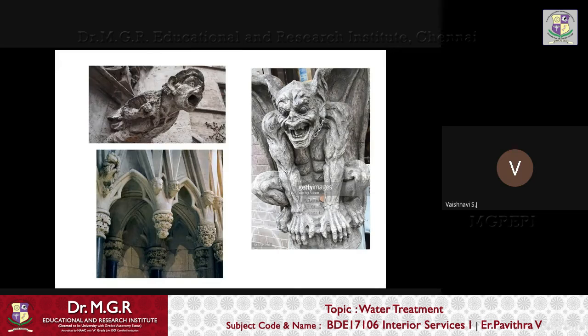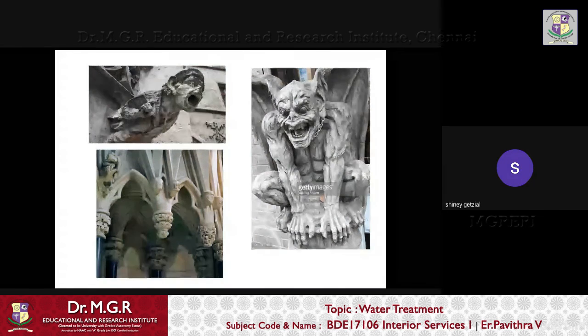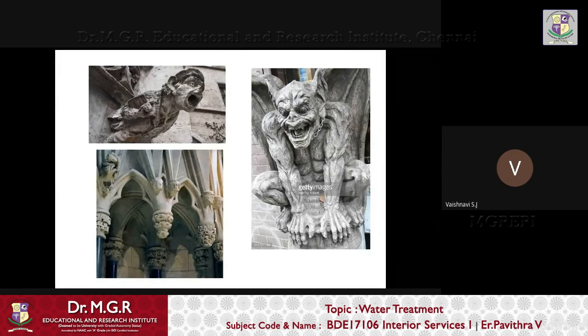Gothic architecture. Okay, I have asked the specific name of these sculptures. Somebody tell me. Saturn. Shiny, come again. And the Saturn. சாத்தான். இல்ல.